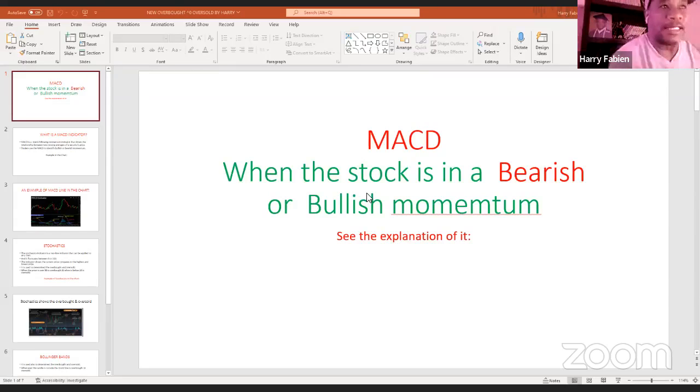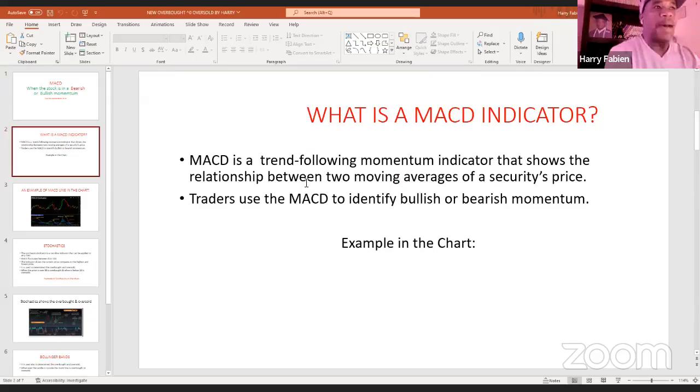This is what the MACD does. So what do the MACD indicators do? MACD is a trend following momentum indicator that shows the relationship between two moving averages of a security's price. That means two lines of a security's price.